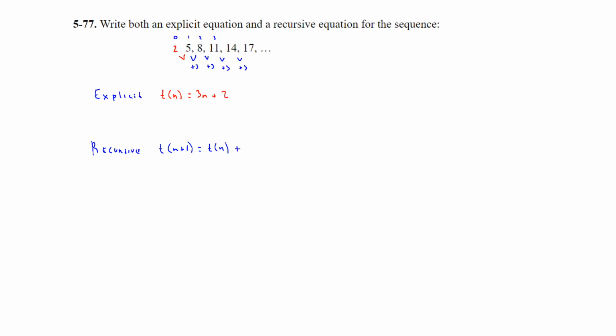We're adding 3 each time. So this is term 2, this is term 1, and then you would add 3 to that. Or, if you're looking for term 4, you need term 3, and then you take term 3 and add 3 to that. So that's what that recursive equation is saying.